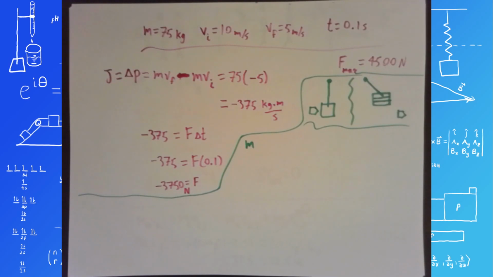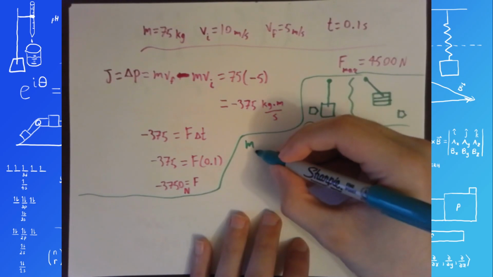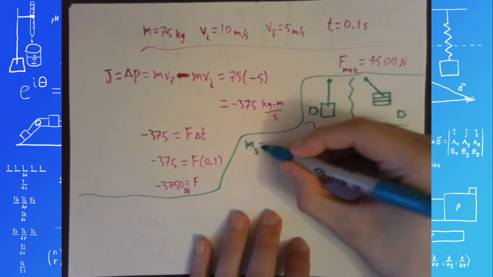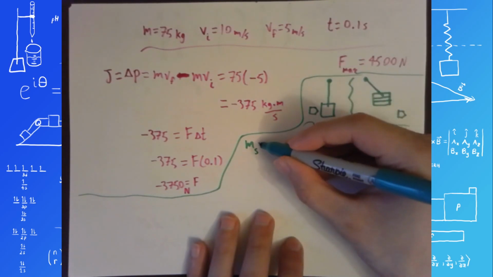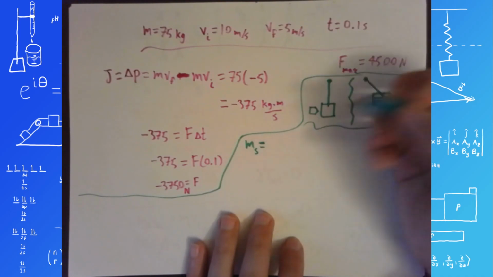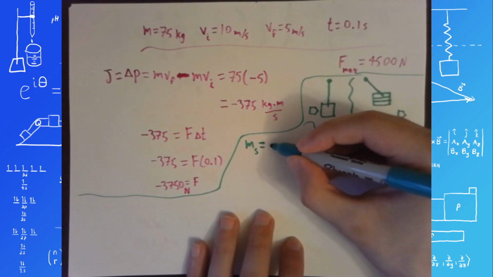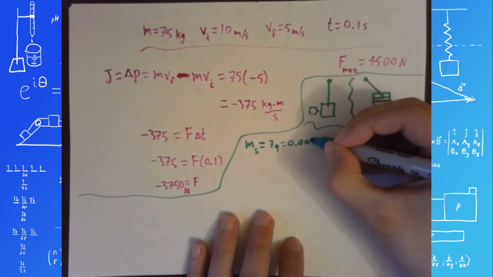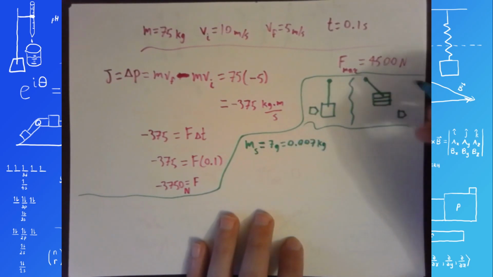I guess we can refer to the bullet as a shell, and for the block, since it's made out of presumably wood, I'm just going to assume the block is made out of wood, and I will label it with a W. So for the bullet I will use S, and for the block I will use W. So MS, the mass of the shell, is going to be 7 grams, which is 0.007 if I convert it to kilograms.